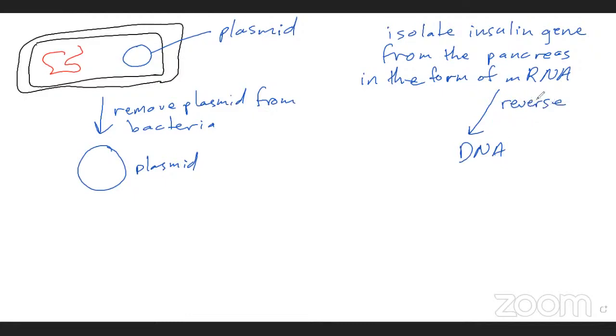So enzymes that convert RNA into DNA, we call them reverse transcriptase. The HIV virus has that enzyme, reverse transcriptase. We call the DNA complementary DNA. So if you see cDNA, that is copy DNA or complementary DNA. So you convert the messenger RNA into DNA.